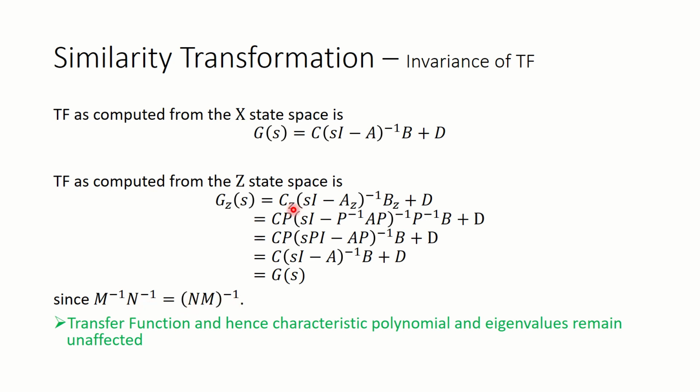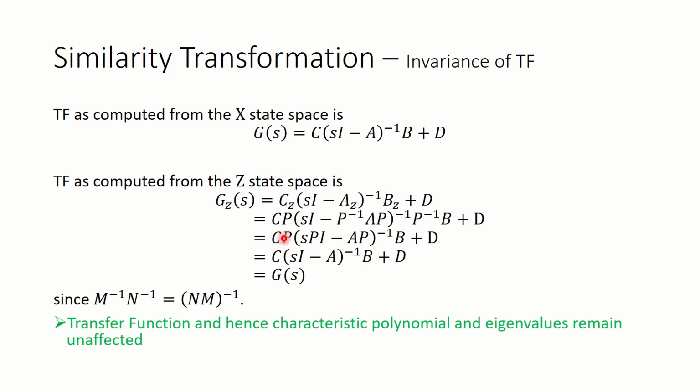So you see here what we do, we first include this P inverse inside. When we try to include this P inverse inside, since it is in the posterior, P comes from the left hand side. So it becomes SPI minus P inverse AP, so P inverse becomes I, so (SI minus A) P inverse.